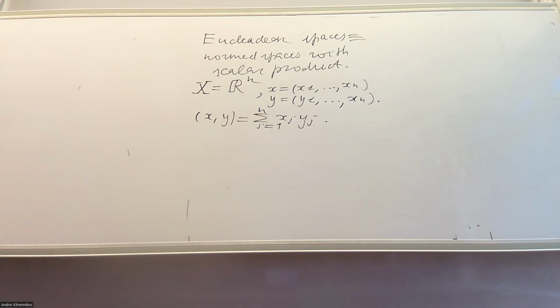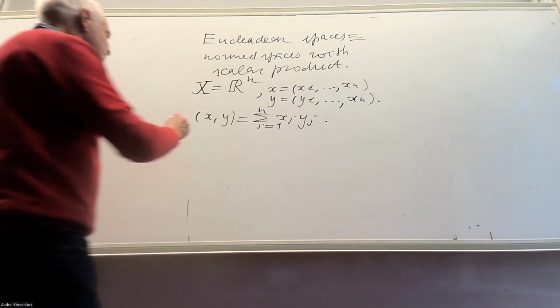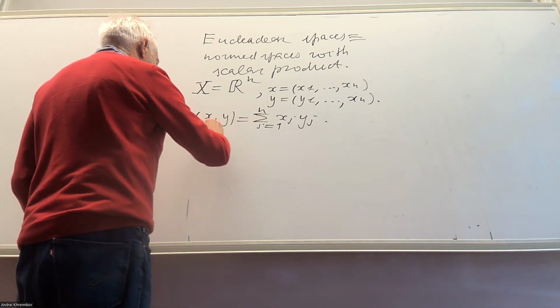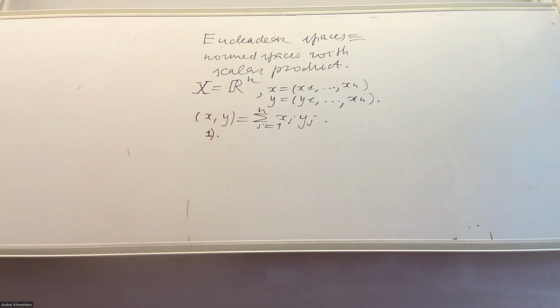So this was the scalar product which you can use on Cartesian products of real lines. What are its properties? More or less as mini propositions or mini theorems, which will in future be axioms.